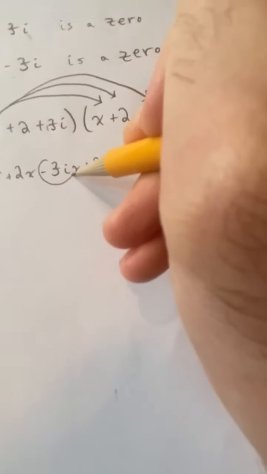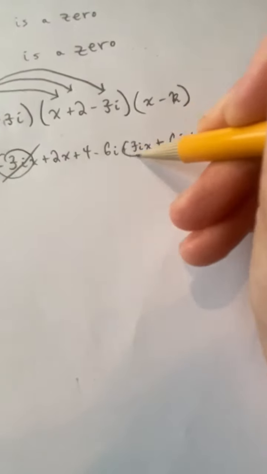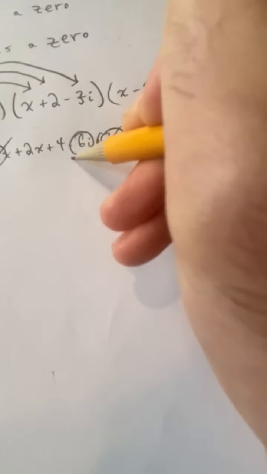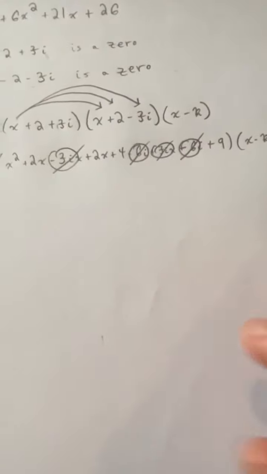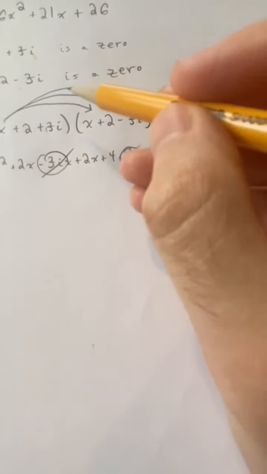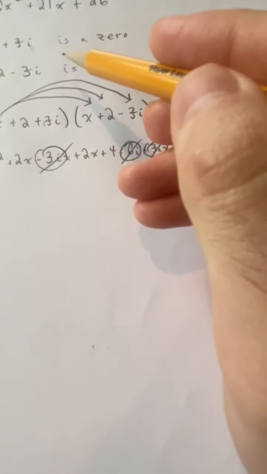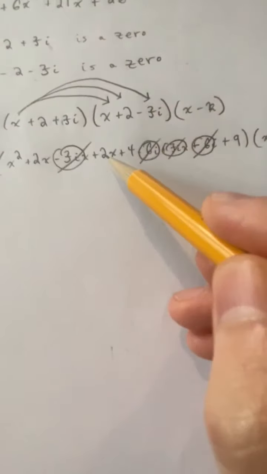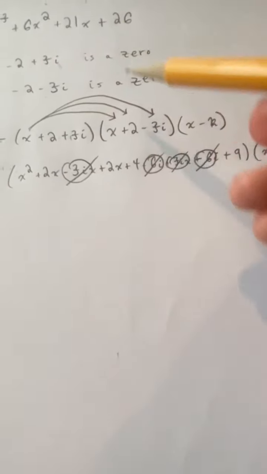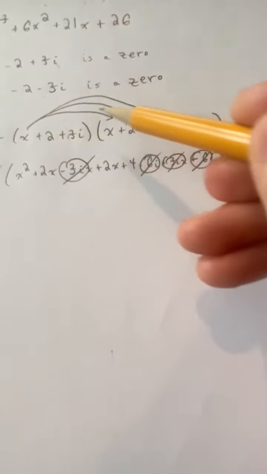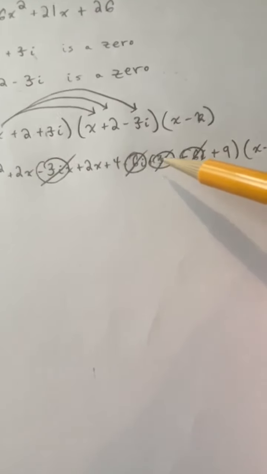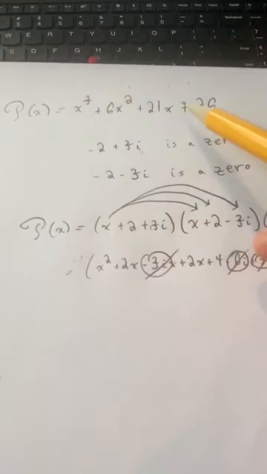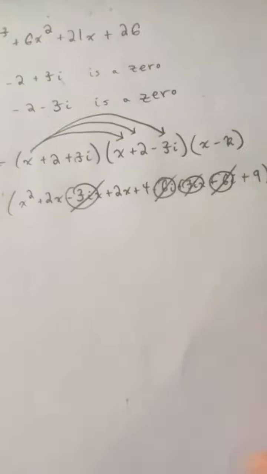Notice we have minus 3ix and plus 3ix, minus 6i and plus 6i. This is the reason that any complex number with a non-zero imaginary part has to have its conjugate in there as well, because when you multiply two conjugates together, the imaginary part disappears, which is exactly what you want when you have real coefficients.